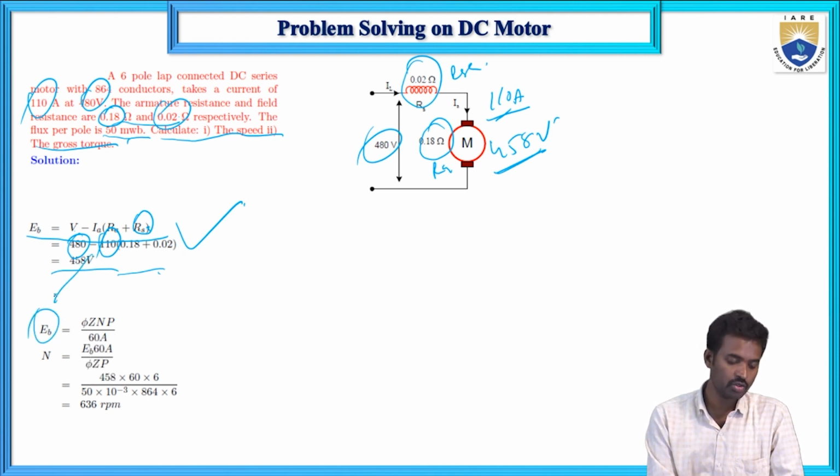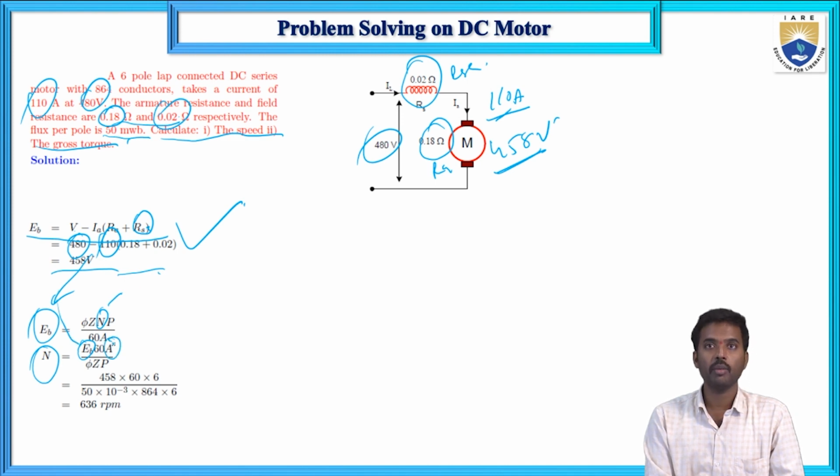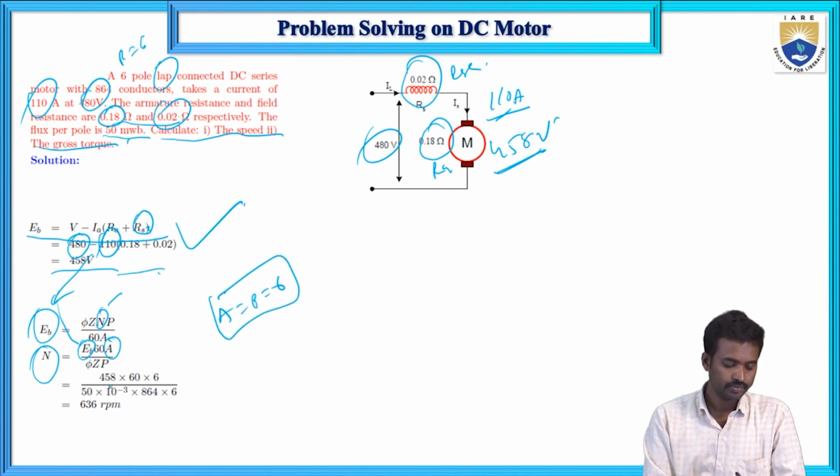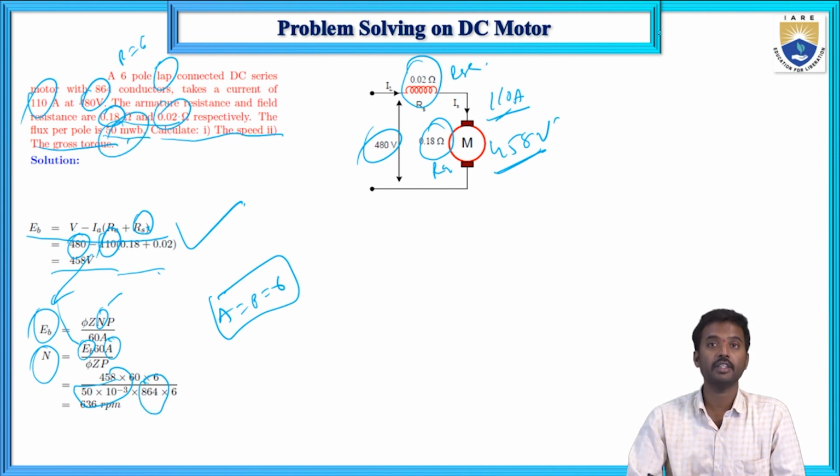This back EMF is 458 and from this you calculate N. So N equals, and EB equals, substitute in this. And next A is equal to the number of parallel paths. It is lap connected and P equals 6 and A equals P equals 6. And next 50 milliwebers is the flux and Z is 864, the number of conductors here.